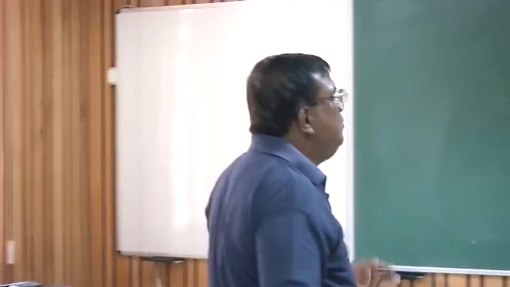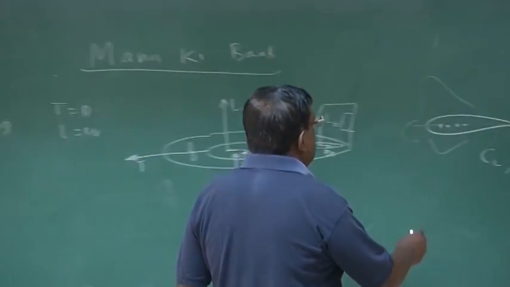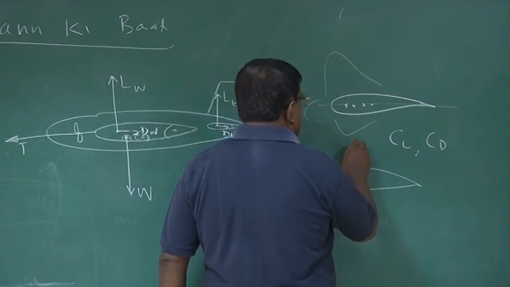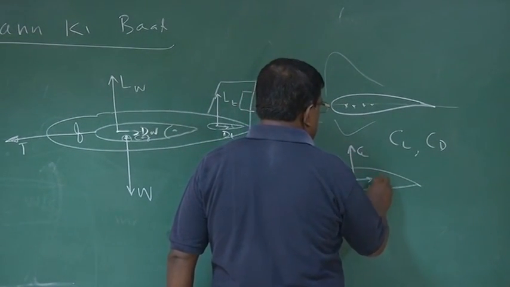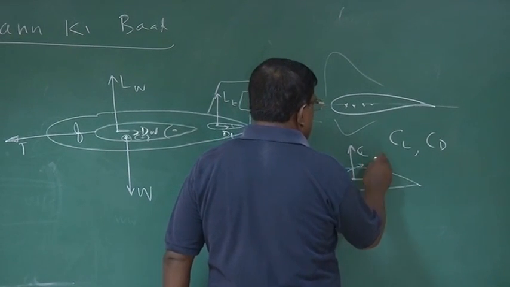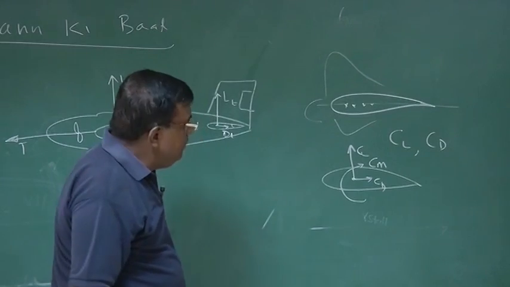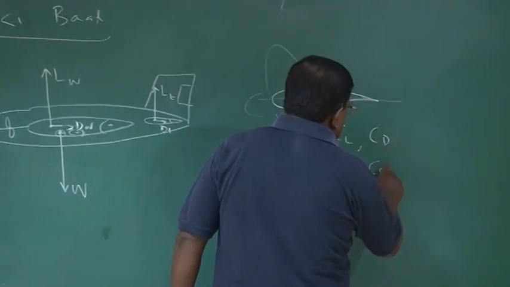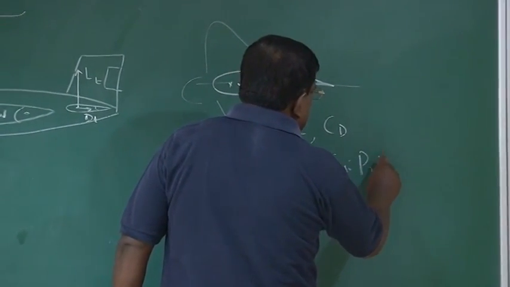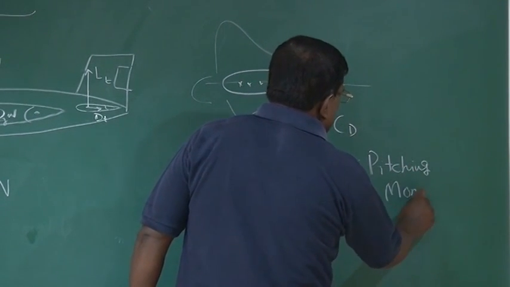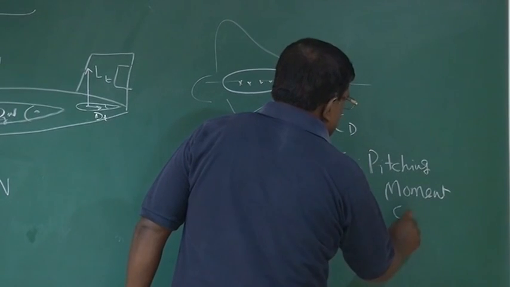So that I can simply draw an aerofoil and write, okay, this is the point, this is CL, this is CD, and whatever moment is there, I write CM. We have not discussed CM, but you take CM as the pitching moment coefficient.